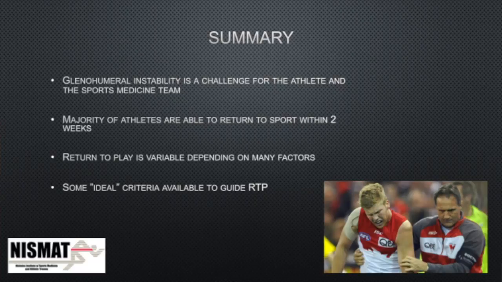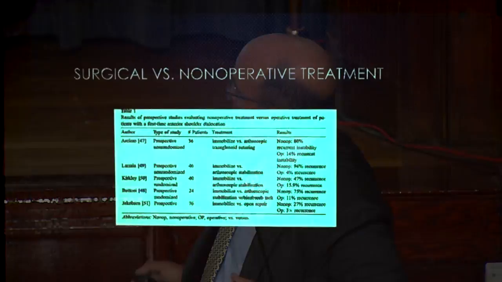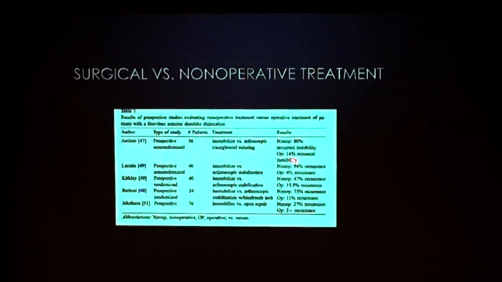In the NFL, 60 players underwent shoulder stabilization surgery, 54 returned to play. Average return was 8.6 months. Conclusion was return to play was very likely after shoulder surgery. So we see in the data here, shoulder non-operative versus operative treatment. Operative treatment, 14% recurrence rate, non-operative 80%, 94% versus 4%, 75% versus 11%.